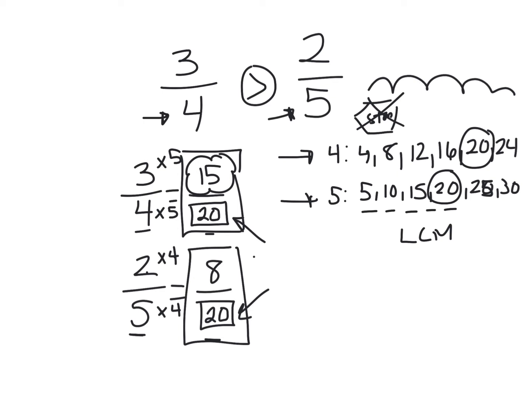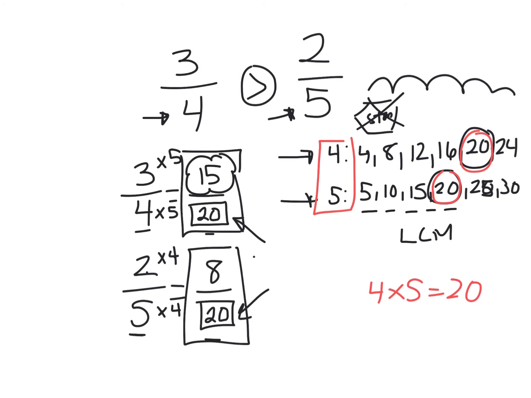Let's do another example. When I come back to this example, you might notice that the least common multiple of 4 and 5 ended up being 20. And 4 times 5 is 20.